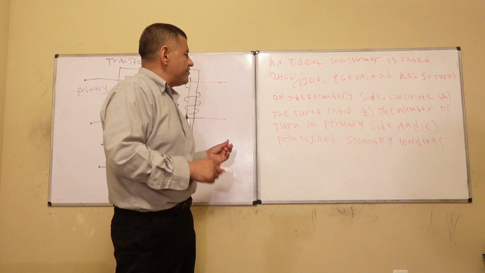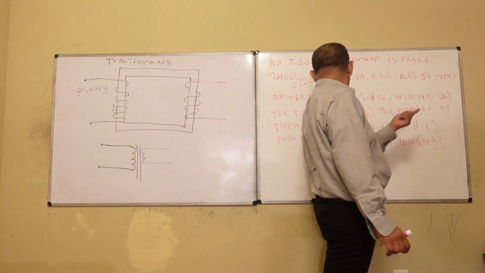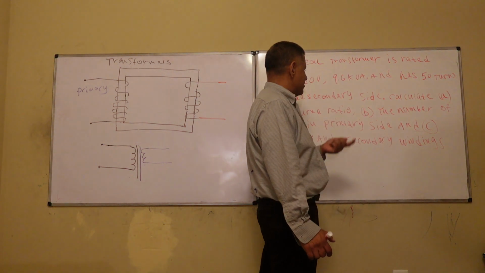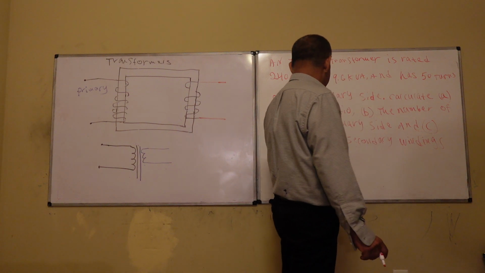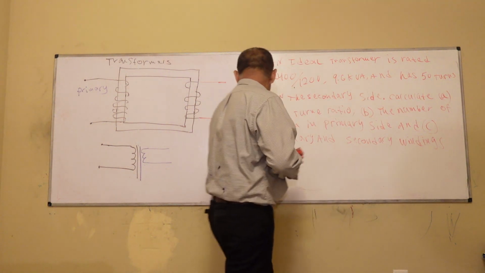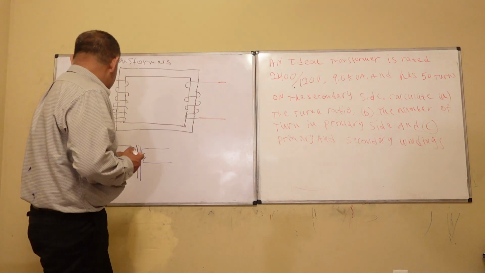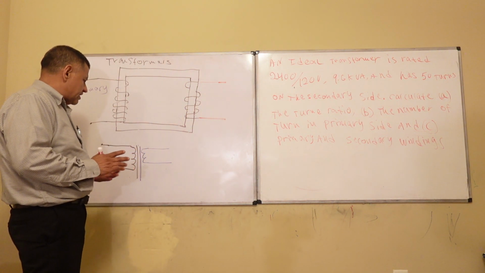So now the first step is to calculate A, the turn ratio, and B, the number of turns in the primary, because the secondary was given. Okay, so let's get started.